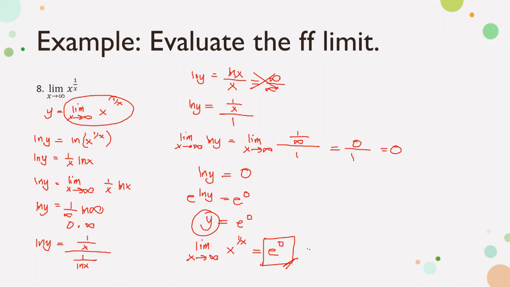And e raised to 0 is equivalent to 1, so you can also have your answer as 1. Okay, so I hope this process is clear, because I think this one is the most complicated process compared to the other indeterminate forms.